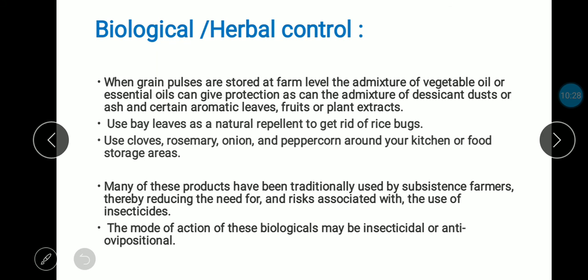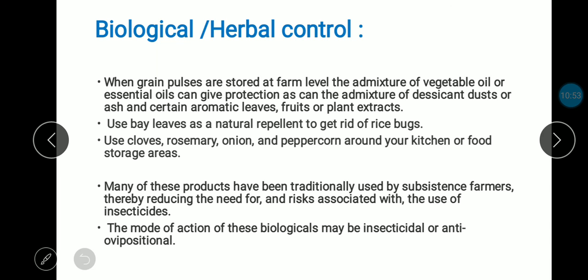Use cloves, rosemary, onion, peppercorn around your kitchen or food storage areas. Many of these products have been traditionally used by subsistence farmers, thereby reducing the need for and risks associated with use of insecticides.